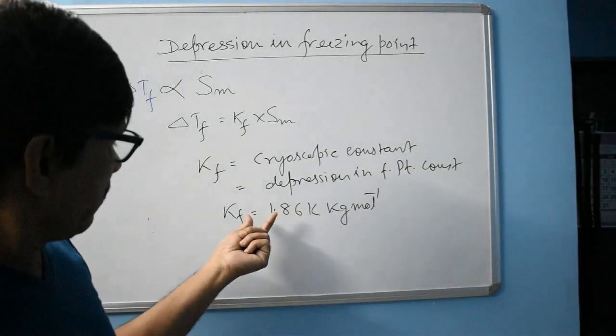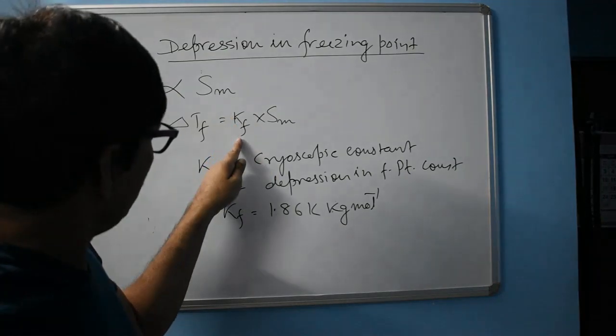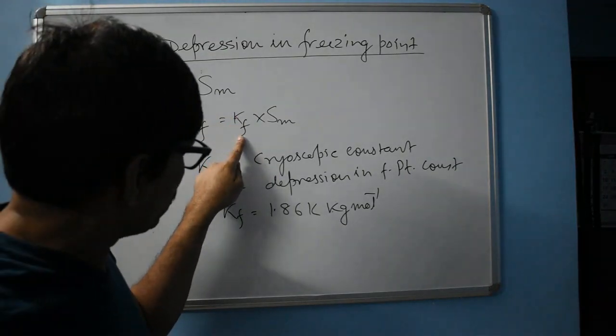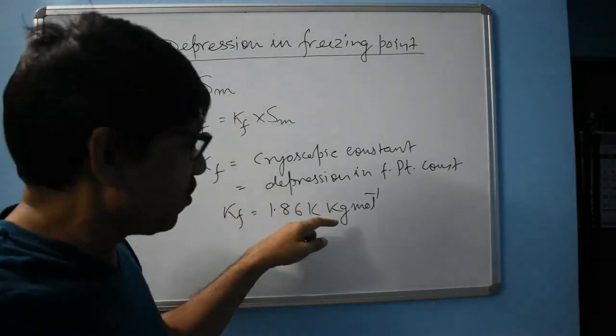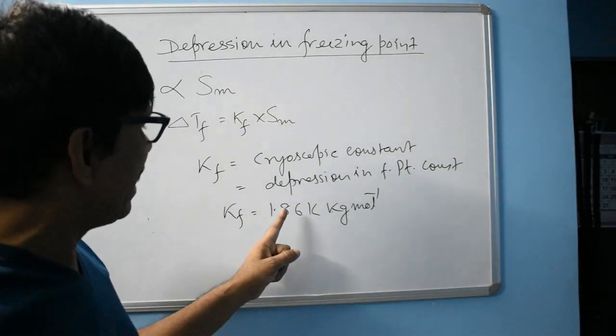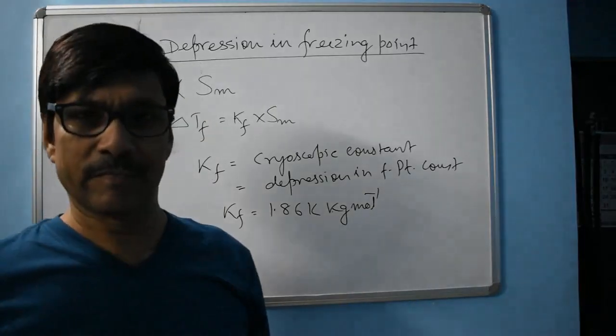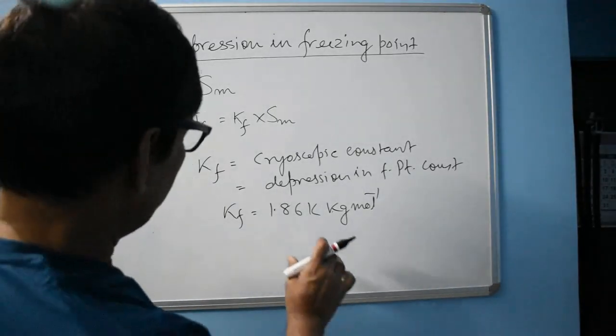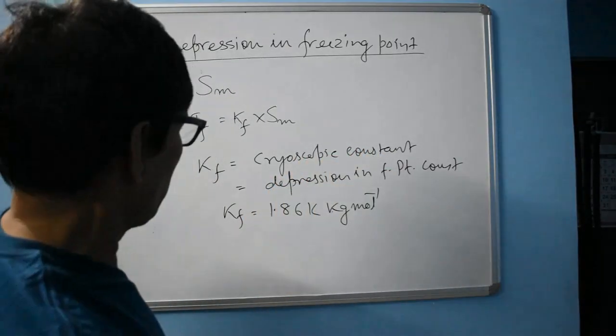Okay, it means the freezing point of a solution of 1 kg of water and 1 mole of any non-volatile solute will be minus 1.86 degree Celsius. This is the meaning of cryoscopic constant.